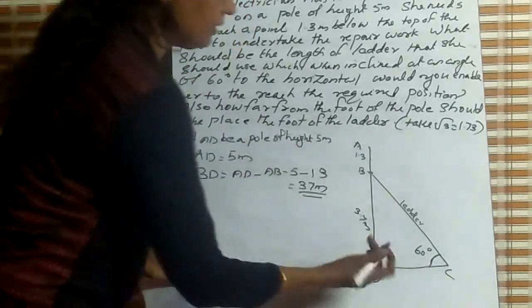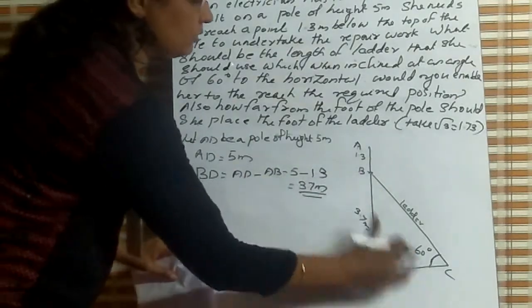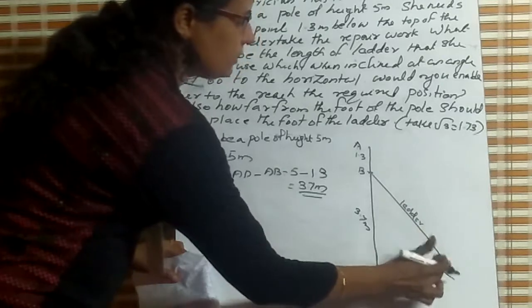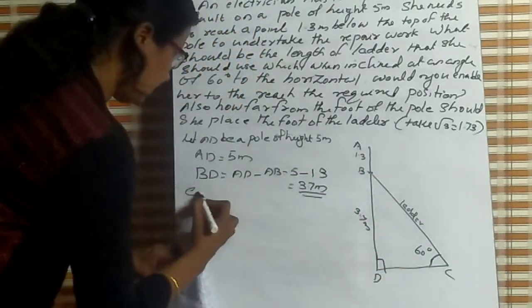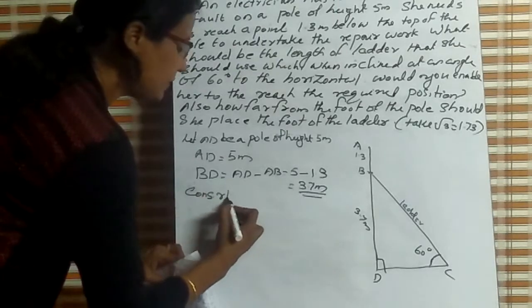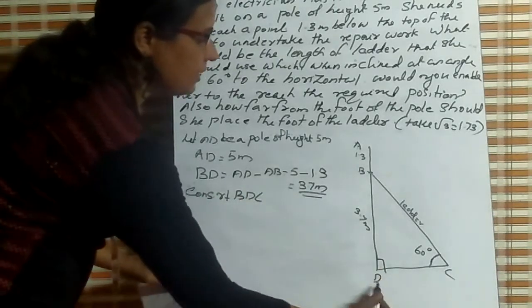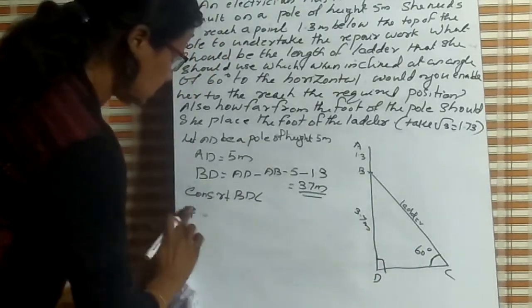So, using the given conditions, we use trigonometric ratios to find this. First, we have to find BC. Consider the right triangle BDC. What is sine 60?